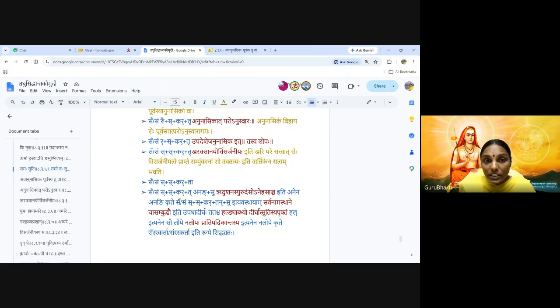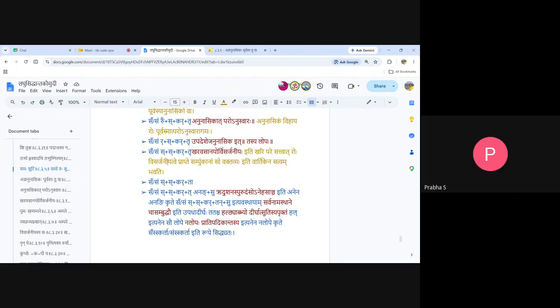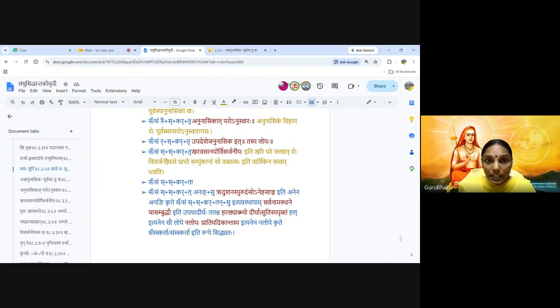Why should it not change into visarga? It is supposed to change into visarga, right? Only at the end it is supposed to, if it is the end of the padanta. No, it is not avasana, kar is there. After refa, there is kar also.